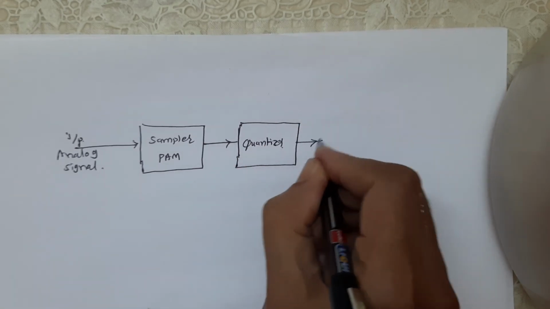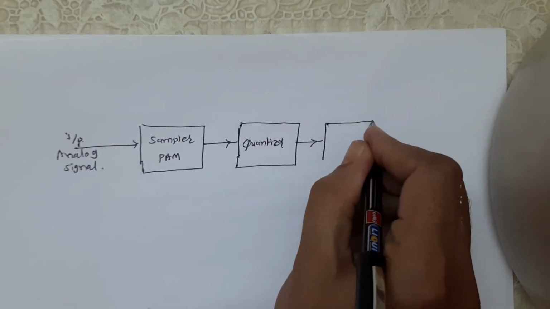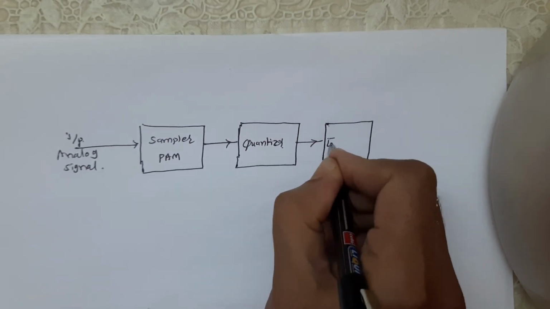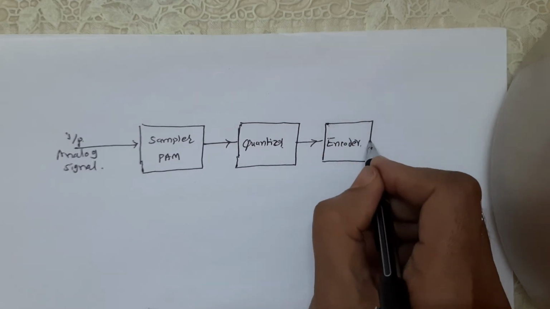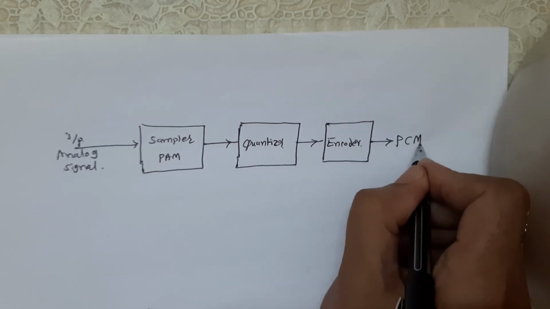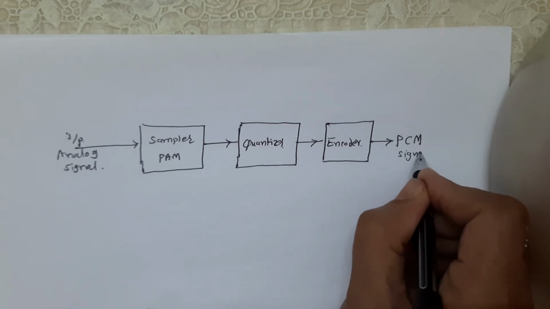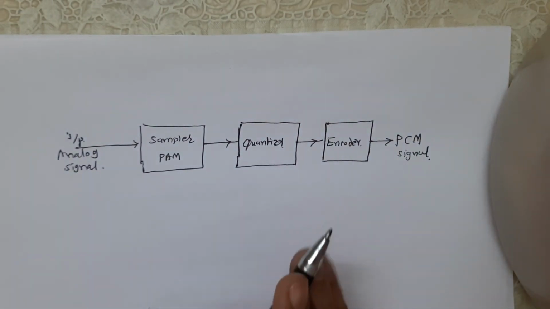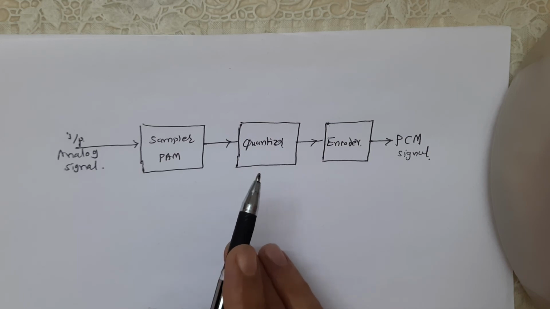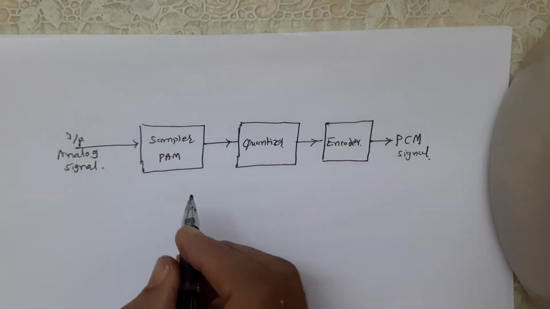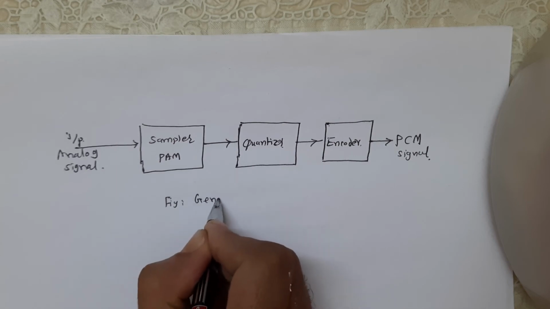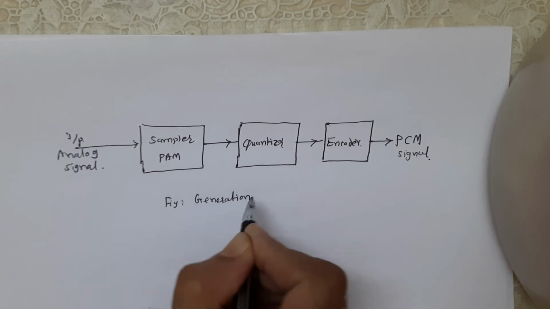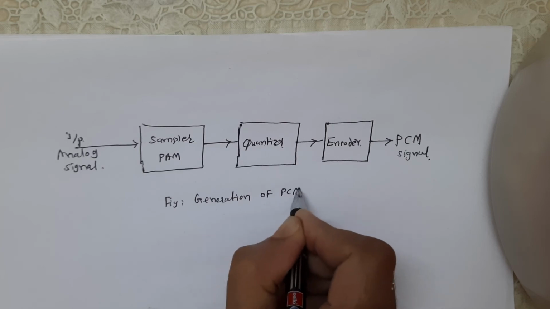Then the third block is the encoder, and at the last we are getting the PCM signal. So this figure is the generation of PCM signal.